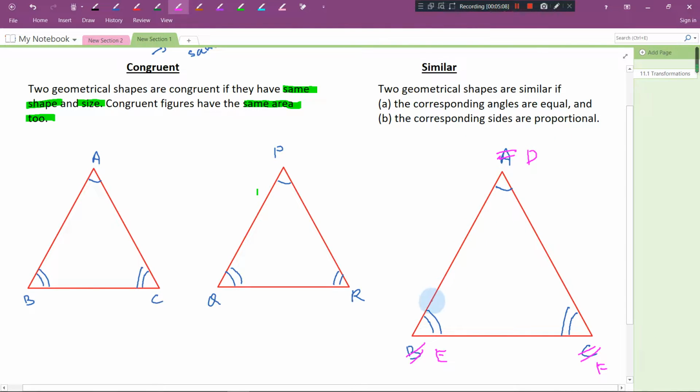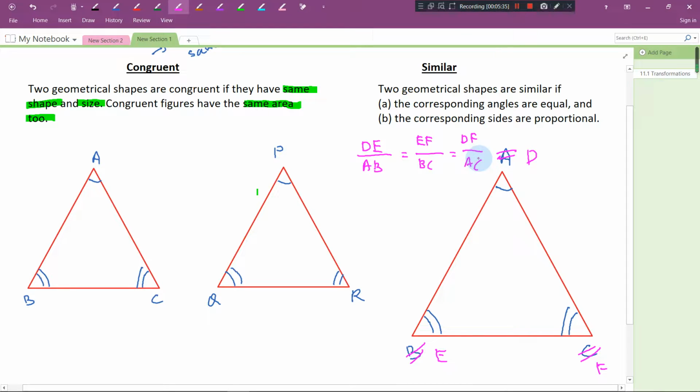If you take DE divided by AB, let me write it down here, DE divided by AB will be equal to EF divided by BC and will be equal to DF divided by AC.